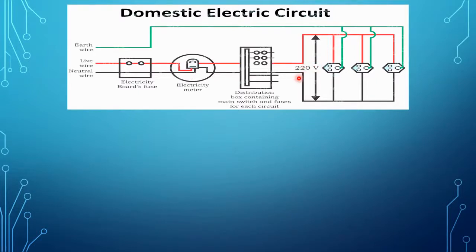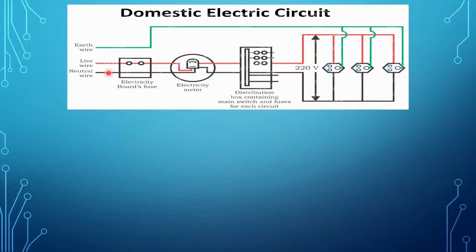Live wire is connected directly to the electric supply. It carries current towards the domestic appliances. Neutral wire emerges from the appliances and completes the circuit by carrying the current back to the power source to better control and regulate the voltage.